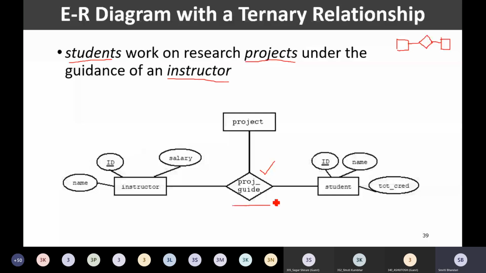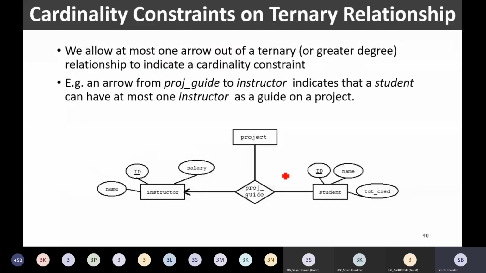Now, if I am having such a ternary relationship, then usually we allow at most one arrow out of a ternary relationship, indicating some cardinality constraint. What does this arrow indicate? Arrow indicates 1. So a directed line indicates 1 and an undirected line indicates many, that we know.